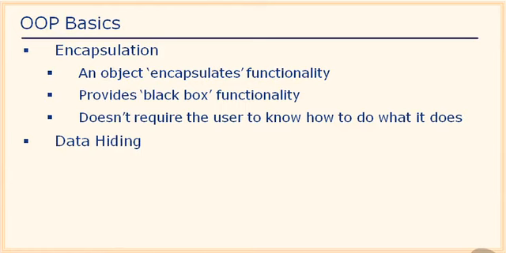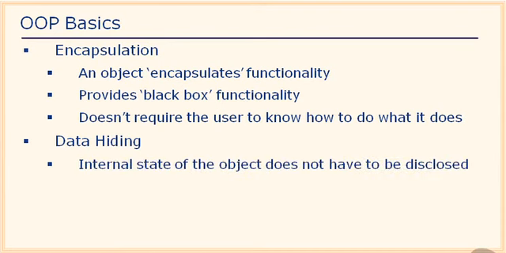Now, close on the heels of that is a concept called data hiding. You're going to notice there's a little bit of overlap with all 4 of these aspects. Okay? Now, while encapsulation takes complexity and just kind of piles it up in a box and we don't have to understand what's going on, data hiding in that process means that the internal state of that object doesn't have to be disclosed.